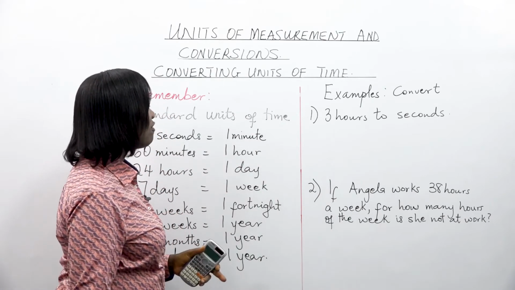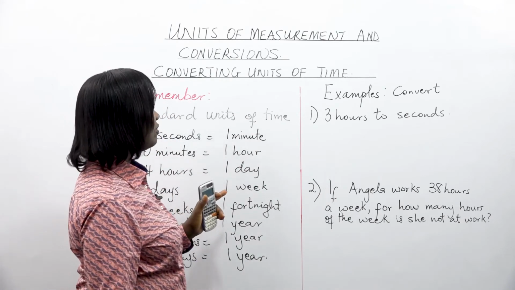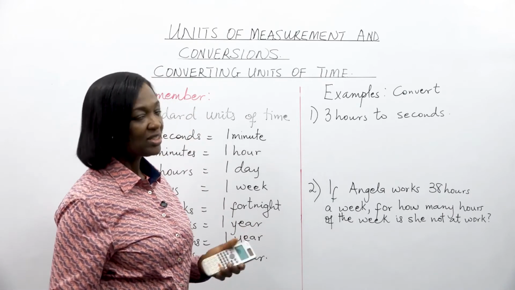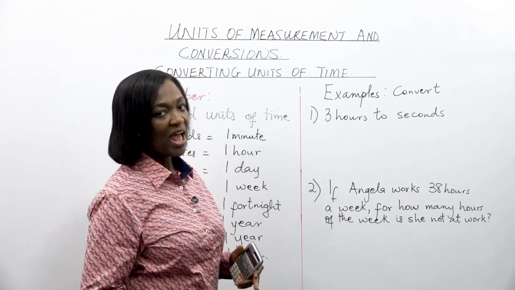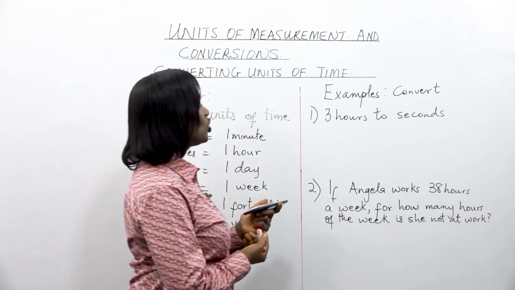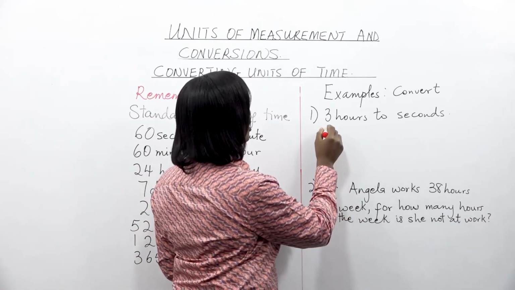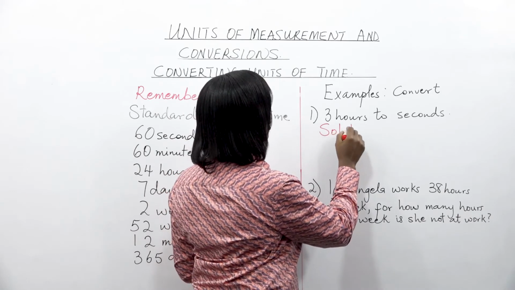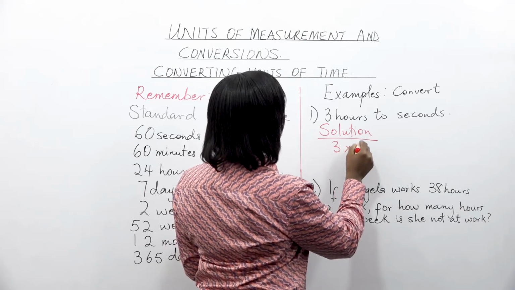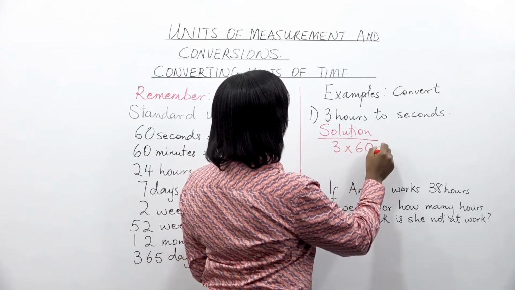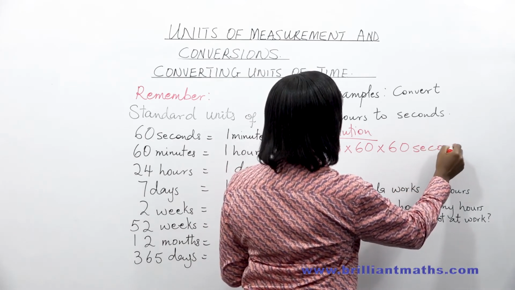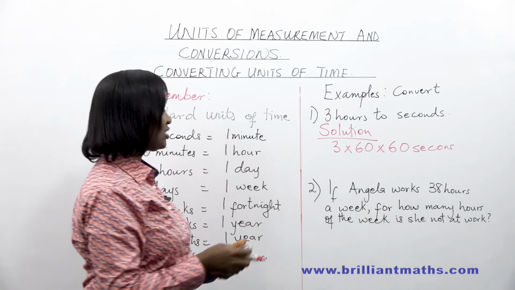So first, we convert from hours to minutes by multiplying by 60, and then from minutes to seconds by multiplying by another 60. So it's going to be 3 times 60 times 60.